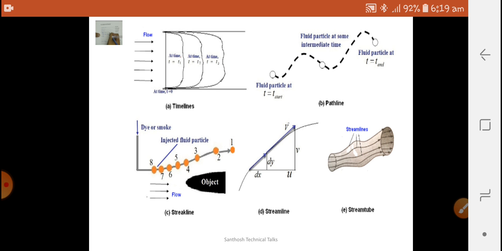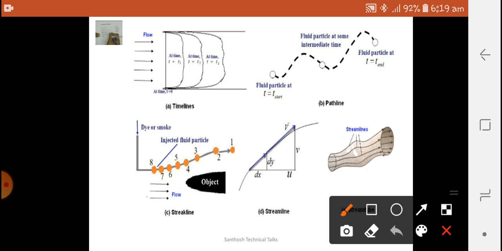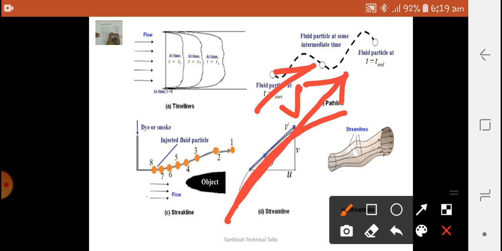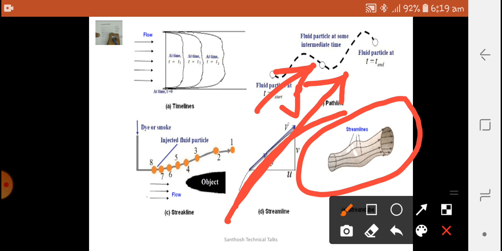Here, the velocity of the fluid particle is this. If we draw the tangent, it indicates the velocity vector in that direction. If a number of streamlines flow together and form a tube, it is called a stream tube.